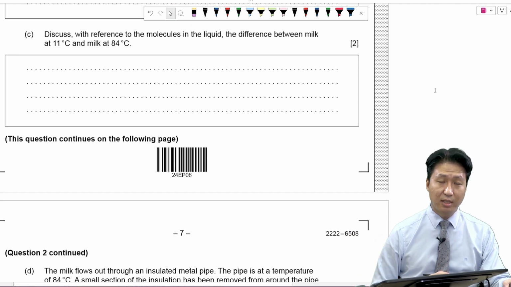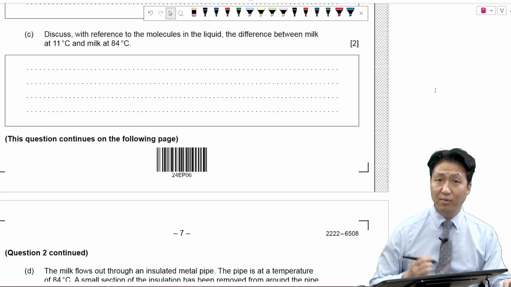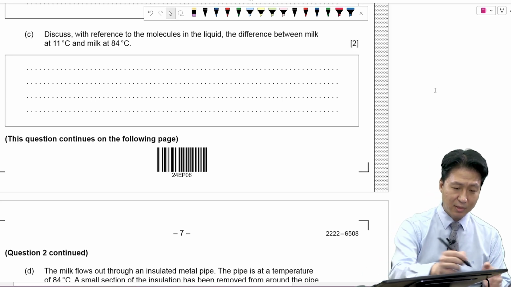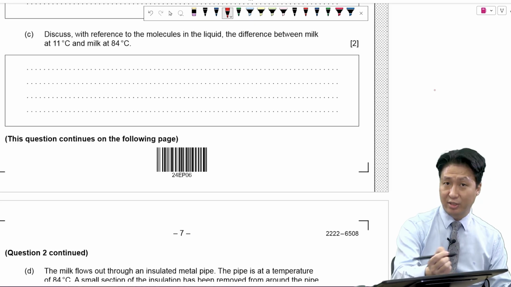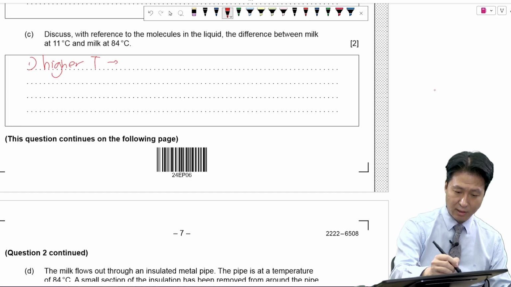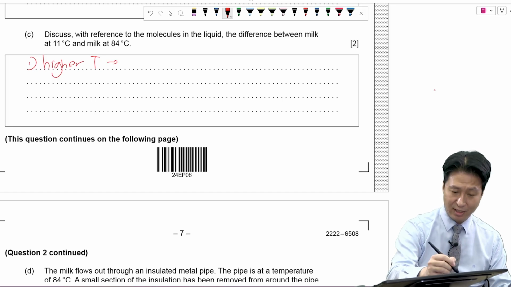Part C. Discuss with reference to the molecules in the liquid the difference between milk at 11 degrees Celsius and milk at 84 degrees Celsius. So it's higher temperature, right? Which means it has a higher average kinetic energy.